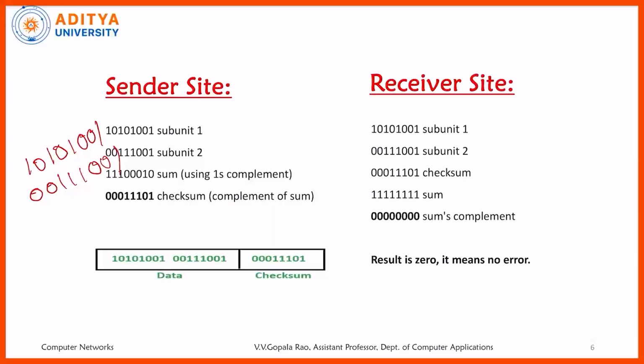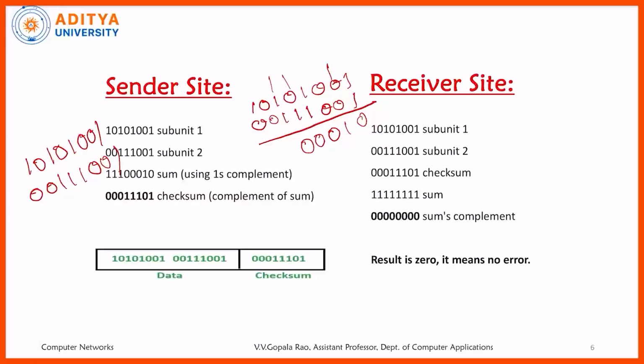So, 10101001 and 00111001, you add them. Because 2 ones are here, 0 and a carry of 1 is carried, so 1 0, again 2 ones are here, so it becomes 0 and carry 1, again 0 and 1 here, because 3 ones are here, the quotient is 1 and the remainder is 1.